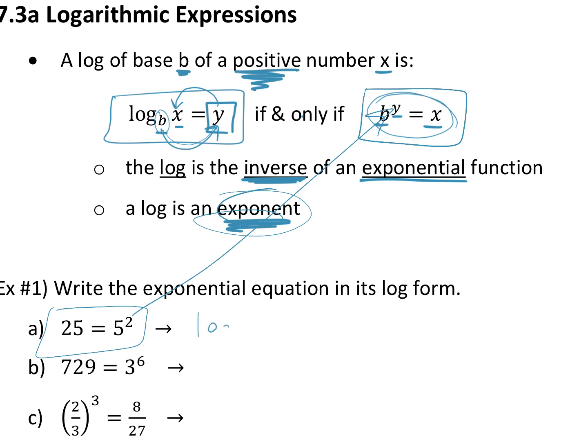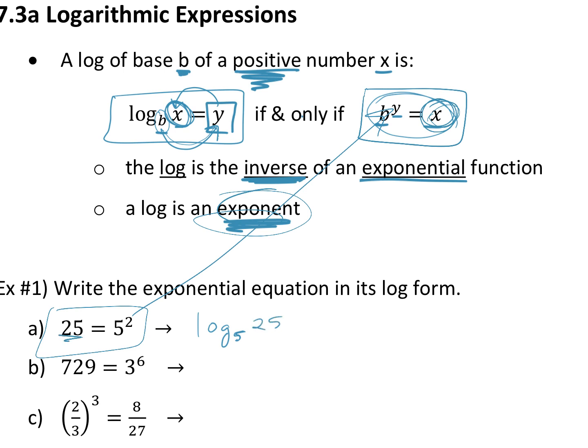This would be log base what? What would the b in this scenario be? The 5. Log base 5 of, what is our x value? That's the 25.